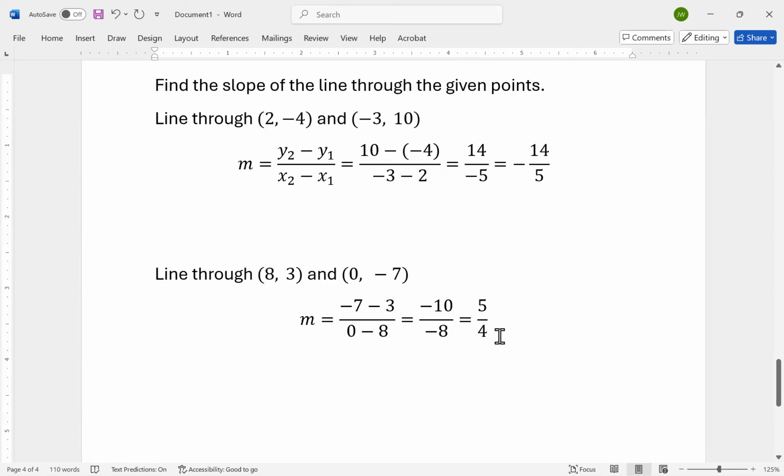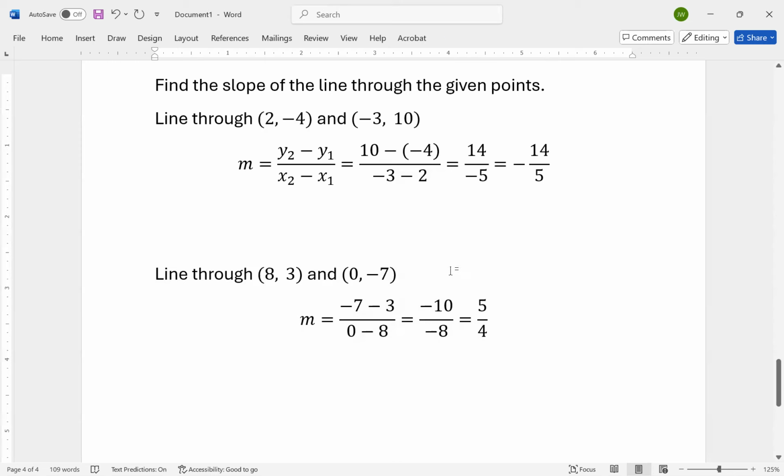Now you'll notice that I end up having the slope of this line, and I also know that this line goes through the point (0, -7). Technically, if I wanted to, since I know the slope and I know it goes through the point (0, -7), now I know that the equation of the line is going to be y equals 5/4 x minus 7.